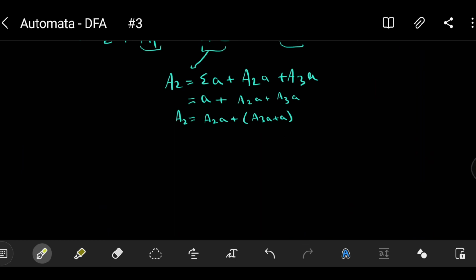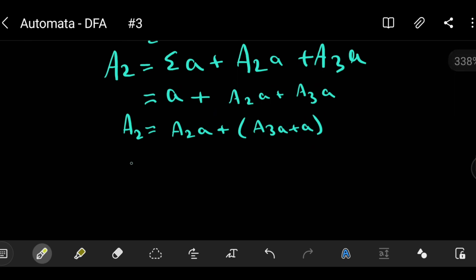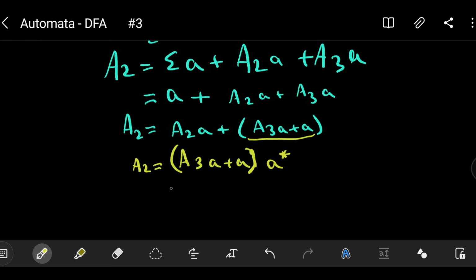So here it is equal to A3A plus A, this is the quantity, and it is times A star. So this is the A2, okay, and A3, I will make a product, and it will give me A3 A star plus A star.